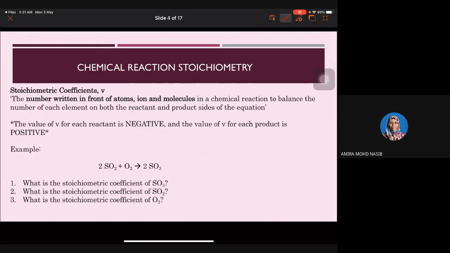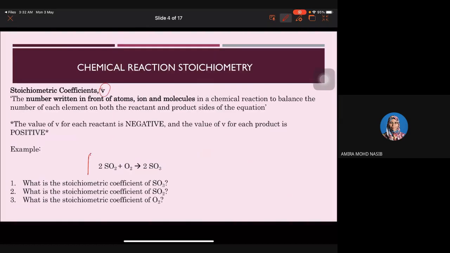So from the stoichiometric equation, you can also take out another piece of information, which is the stoichiometric coefficient, and the symbol is V. What is the stoichiometric coefficient? The stoichiometric coefficient is a number written in front of the molecules or atoms, reactant or product, in your chemical reaction, to balance between your left and right hand side.